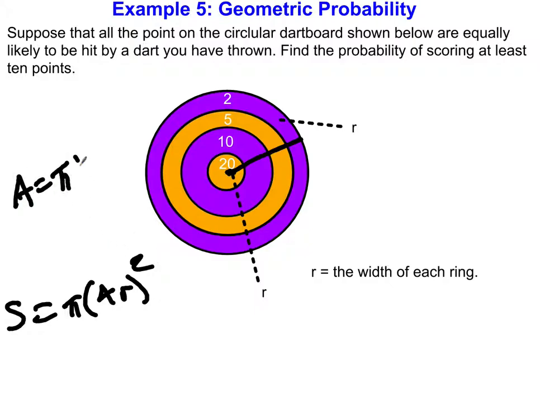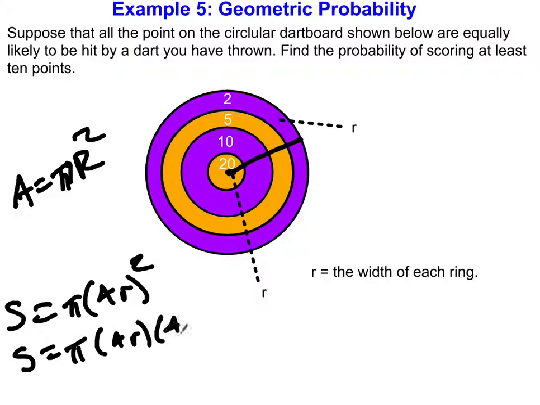Area is pi r squared. And so our sample size is pi times 4r times 4r. This is the same thing as saying 16 pi r squared. Okay, that's our sample size, 16 pi r squared. Then the area of this other smaller circle that we're interested in, this one right here, its radius is 2r.